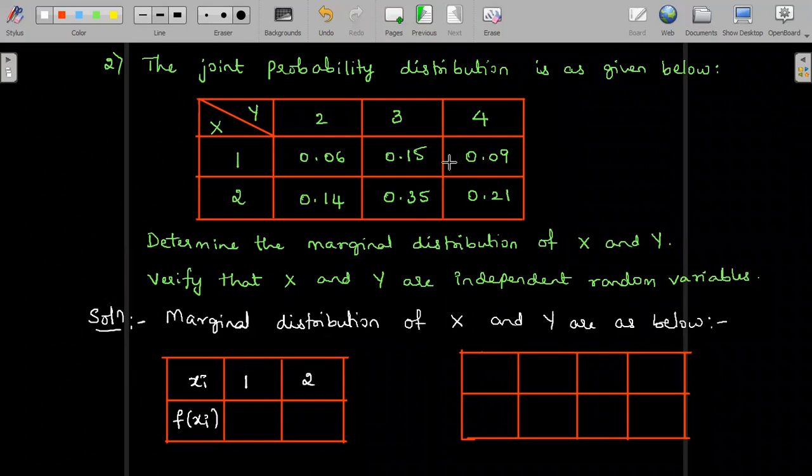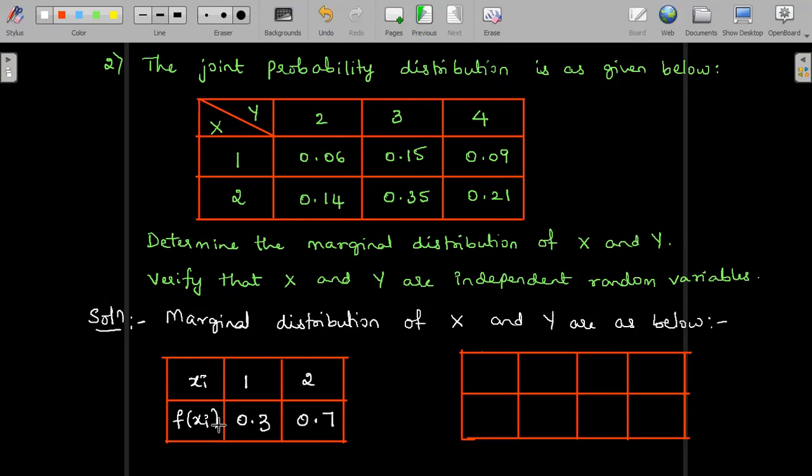For xi equal to 1, we add 0.06 plus 0.15 plus 0.09, and that gives 0.3, so f of xi is 0.3. Similarly, for x equal to 2, we add the row entries 0.14, 0.35, 0.21, which gives 0.7.